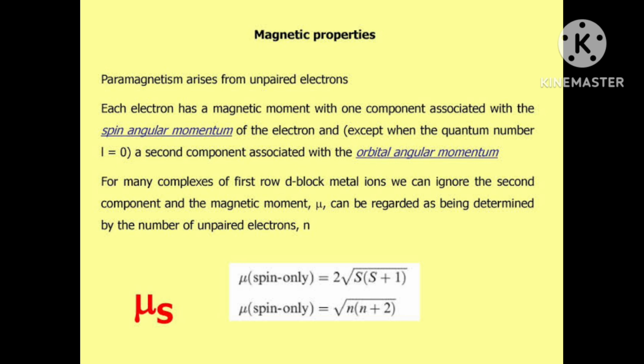Particularly in chromium 3+, 3 electrons are there. Then 2 vacant d orbitals are available for octahedral hybridization with 4s and 4p. Last class I have discussed.